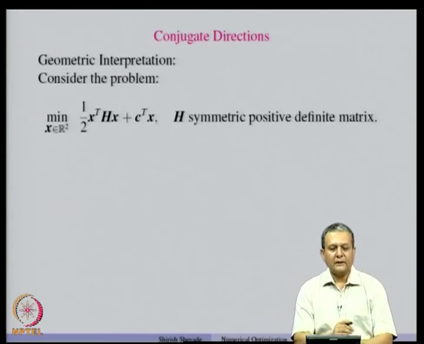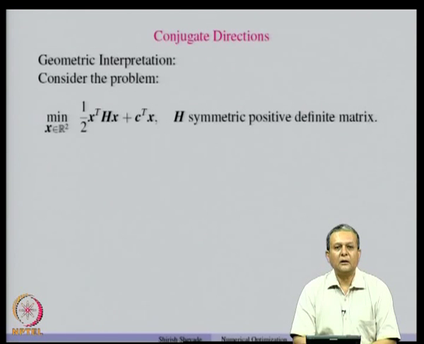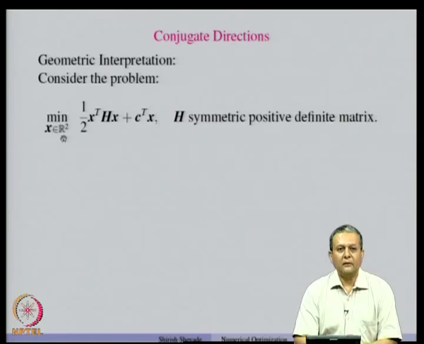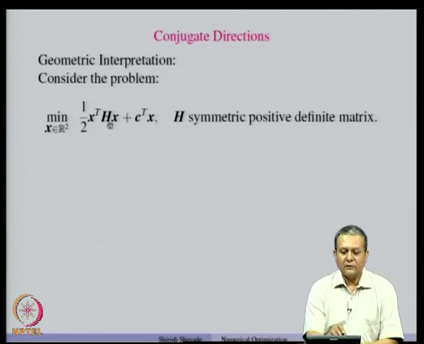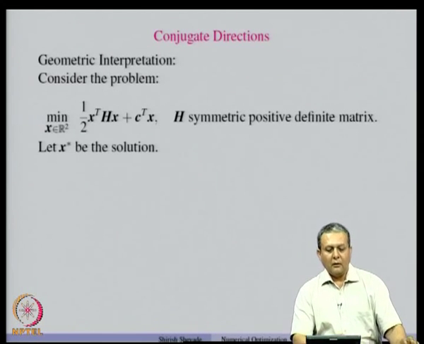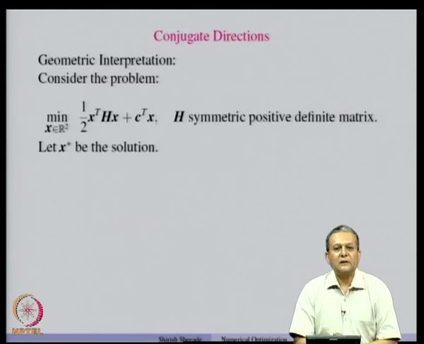Now, again let us consider the general problem in two-dimensional space. So, remember that we are considering a two-dimensional problem. So, the matrix H, which is a symmetric positive definite matrix, is a 2 by 2 matrix, and we want to minimize half x transpose H x plus c transpose x. Now, let us assume that x star be the solution of this problem.